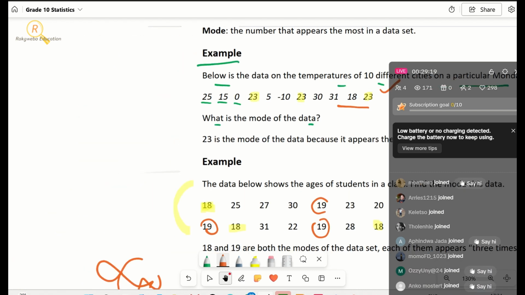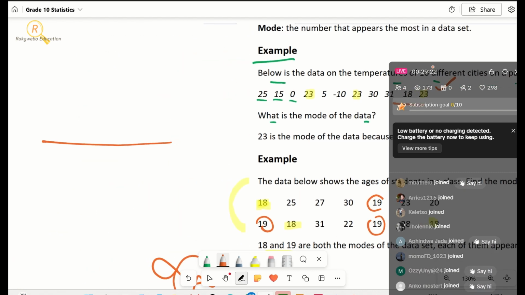Okay, proper stuff. Now I have a question for you. This is your number line: 0, 1, 2, 3. Which one is bigger between 2 and 3? Which one is a bigger number between those two? 3, yes. So the bigger number always appears on the right hand side on the number line.